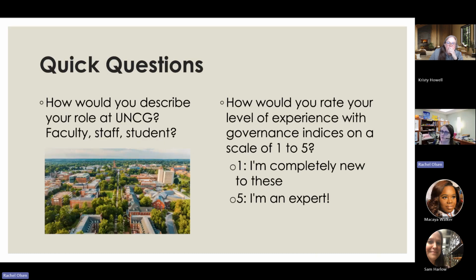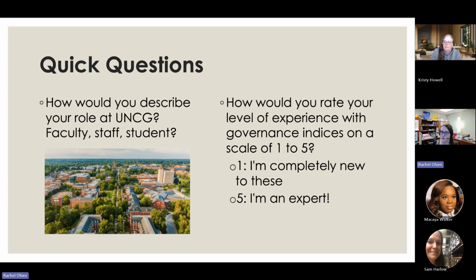So just quick questions. How would you describe your role at UNCG, if you want to put this in the chat? And then how would you rate your level of experience with governance indices on a scale of 1 to 5? 1 being I'm completely new to these, and 5 being I am a total expert. I'm just interested in who is in the room. So I will wait a second.